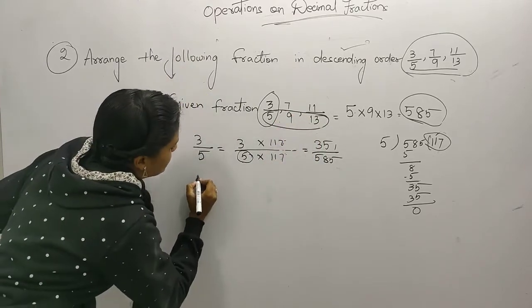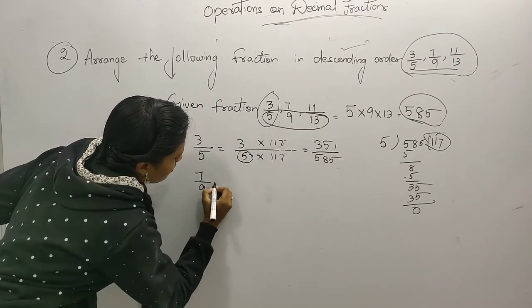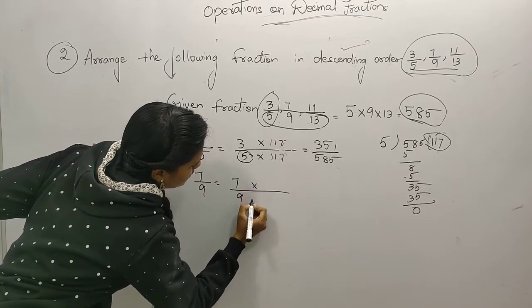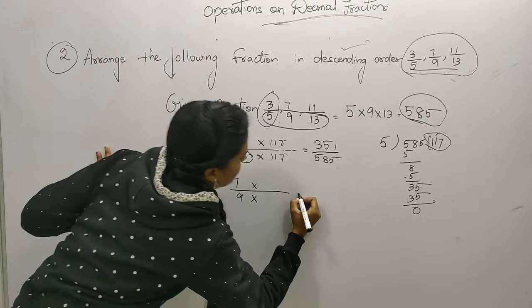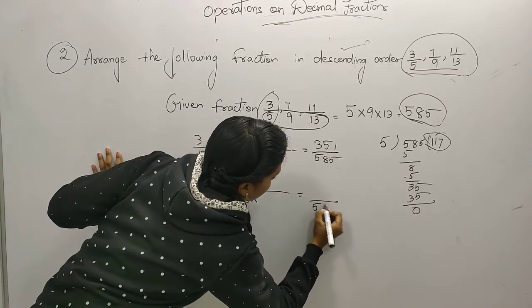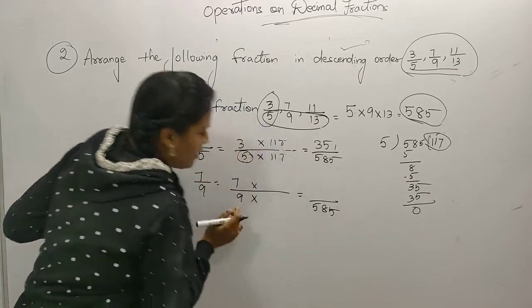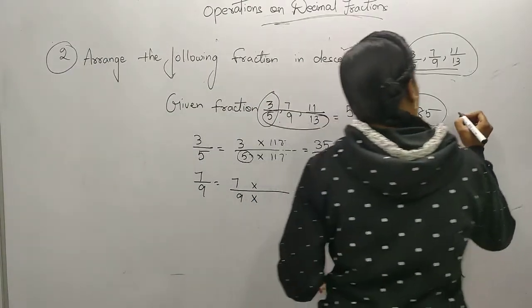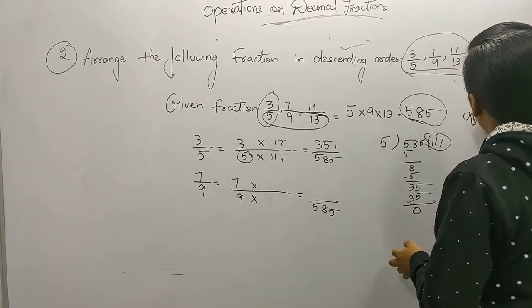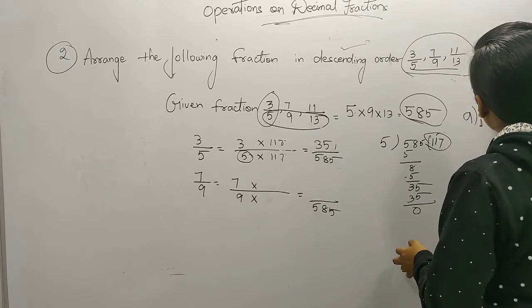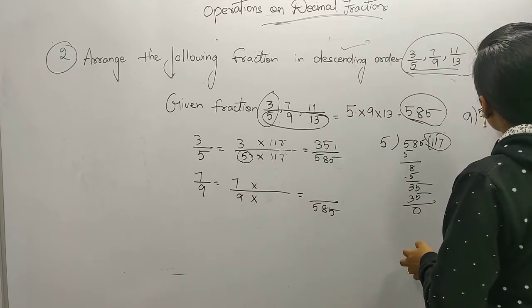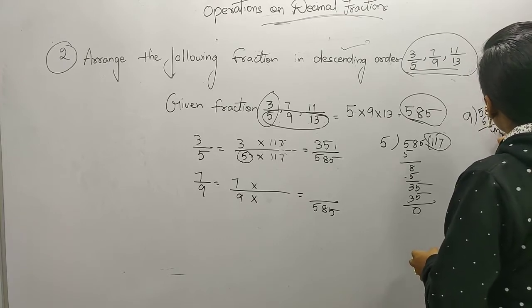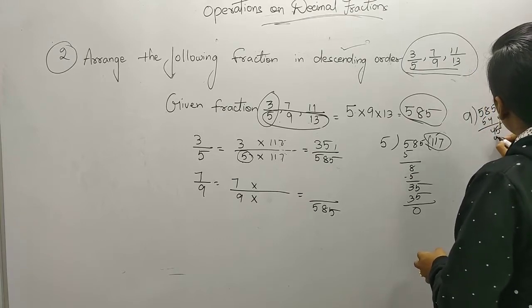Let's take 7 by 9. We must get the denominator 585. How will we do it? Once again, divide 585 by 9. 9 into 5 is 45.